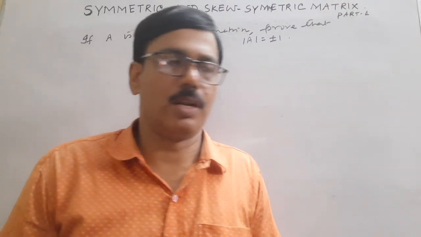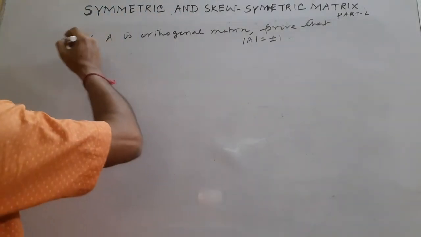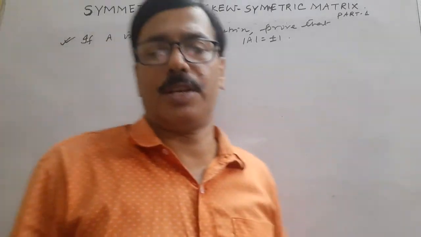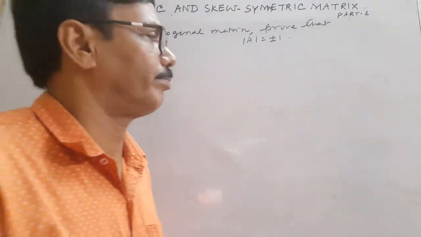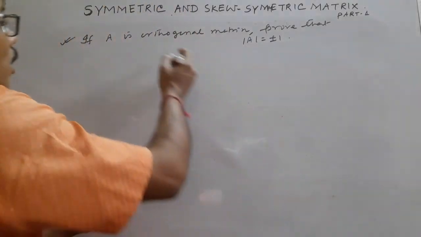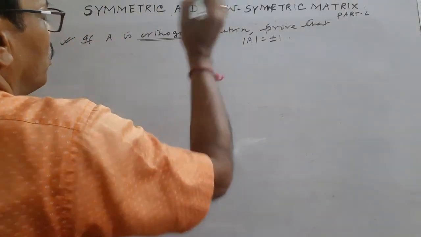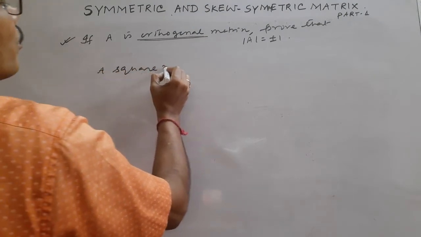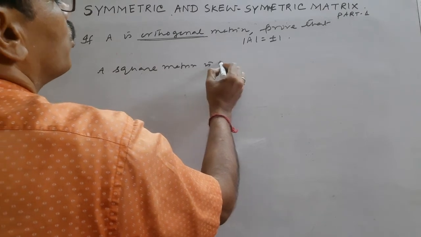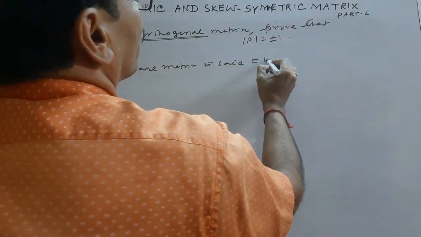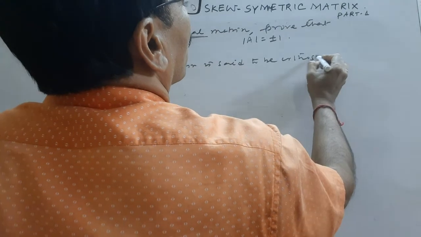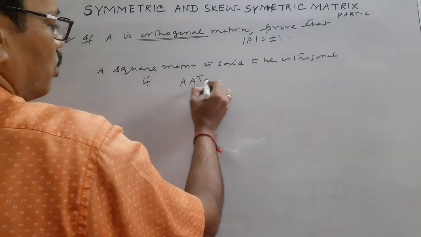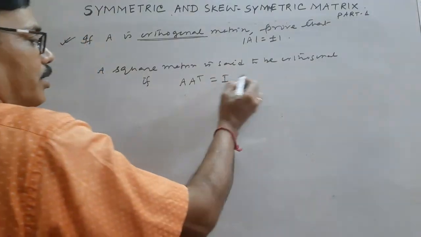Now we consider a theorem, a most important theorem. If A is an orthogonal matrix, then determinant A equals plus or minus 1. So we need the definition of an orthogonal matrix. A square matrix is said to be orthogonal if A into A transpose equals I, where I means the identity matrix.